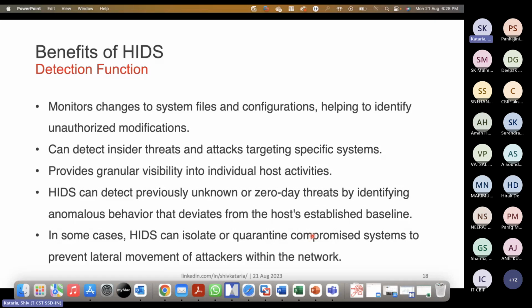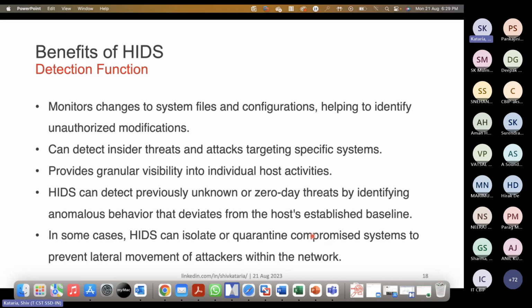And sometimes, if we are using an anomaly-based intrusion detection system, there is a possibility that we would be able to detect some unknown threats as well, because they are based on behavior or an anomaly that was classified as malicious behavior, though we might not have those available as a rule-based or signature-based IDS.